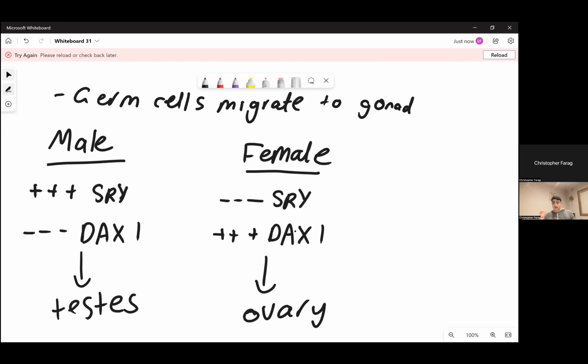Now, the astute of you guys may be thinking, well, just because you have an inhibition of testes, why would that mean ovaries then grow? We're not really, from this specified mechanism, driving the growth of something new. We're just stopping the growth of an existing structure. So how are ovaries growing? It's actually not yet known. So the genetic induction of the ovary is actually poorly understood.